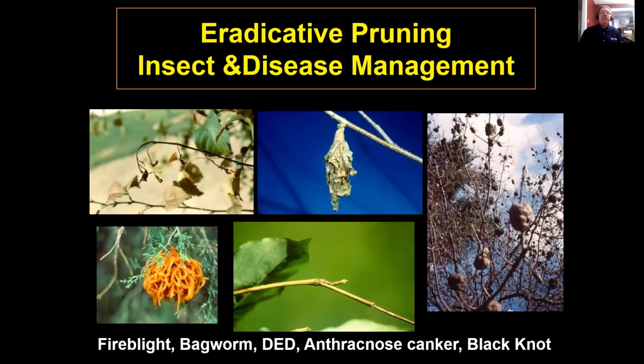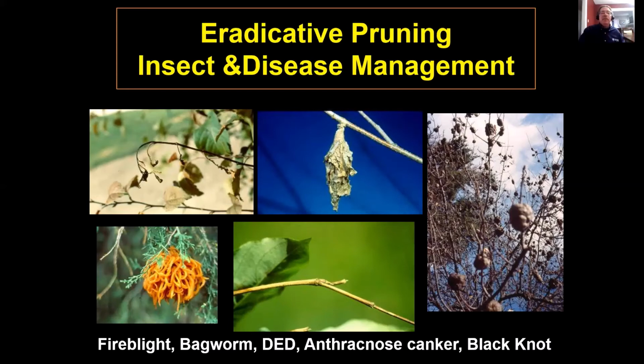But managing some diseases and insects can really be done if we know what we're looking for and we have pruners with us, right? In the middle lower is the source of dogwood anthracnose, which is a canker on fine dead twigs. I prune my dogwood every winter because it's the spring splashing of these fungal spores that leads to anthracnose on leaves and flowers the very next year, right?